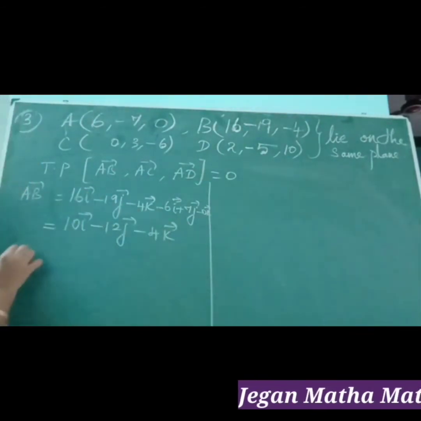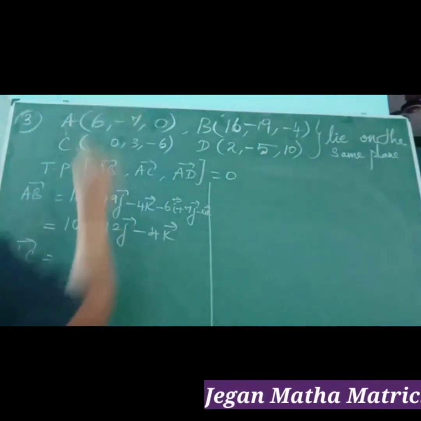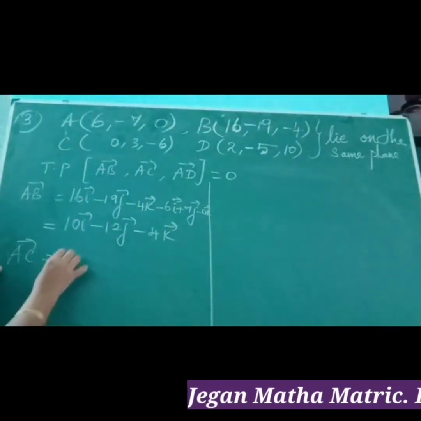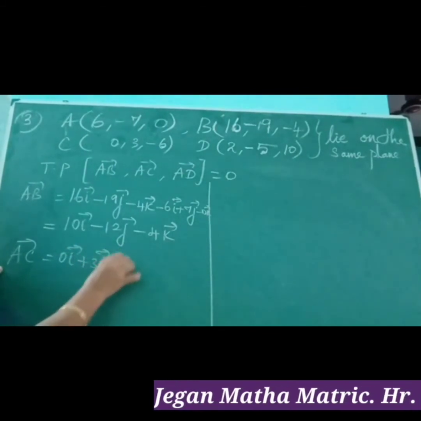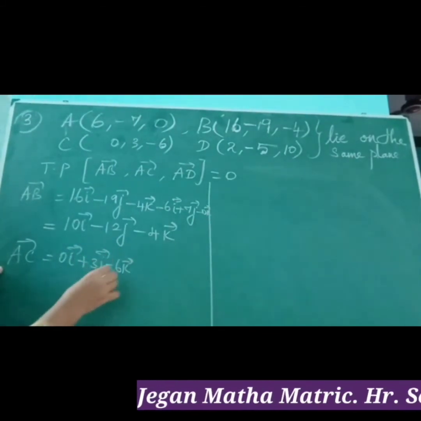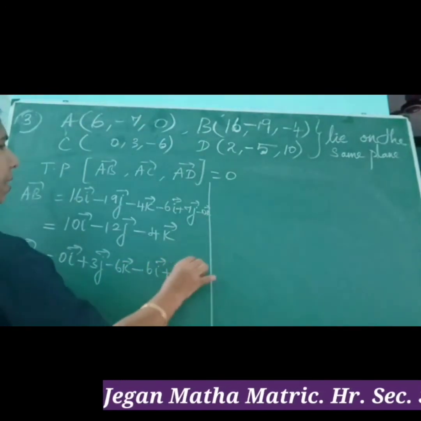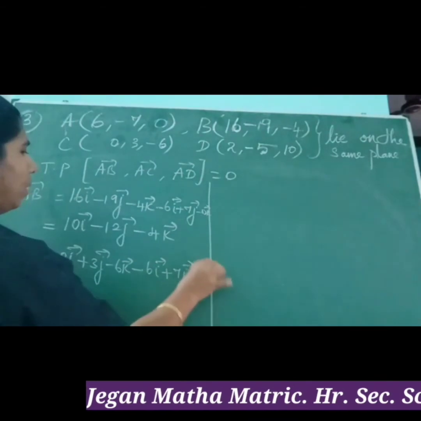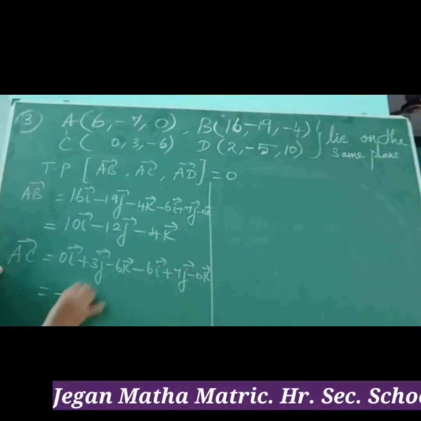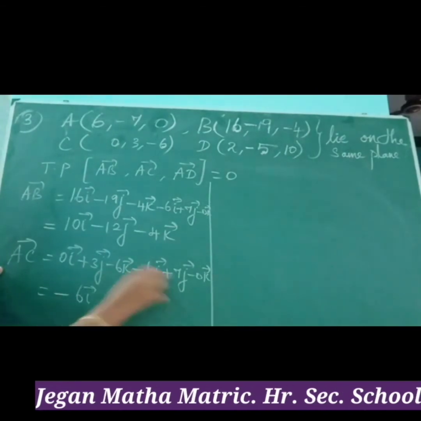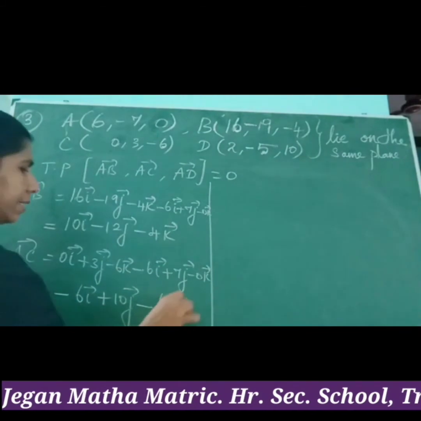This is the AB vector. Now the AC vector. AC means OC minus OA. This is 0i plus 3j minus 6k minus 6i plus 7j minus 0k. So we are getting minus 6i plus 10j minus 6k.